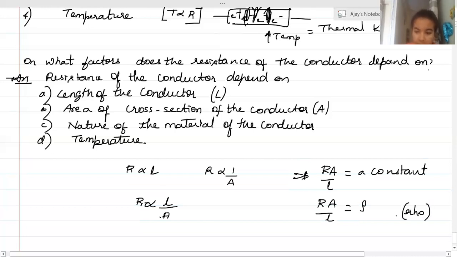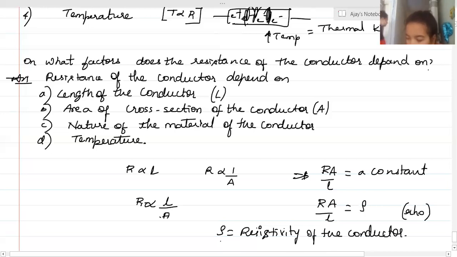This rho is called the resistivity of the conductor.